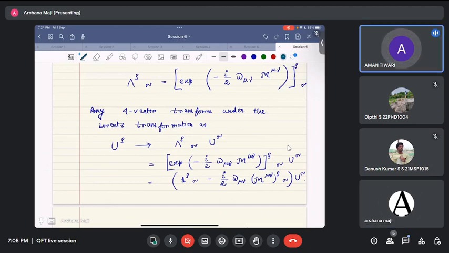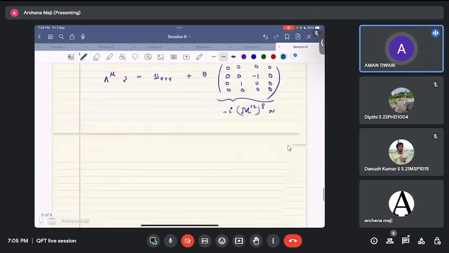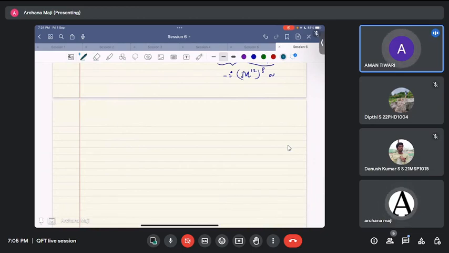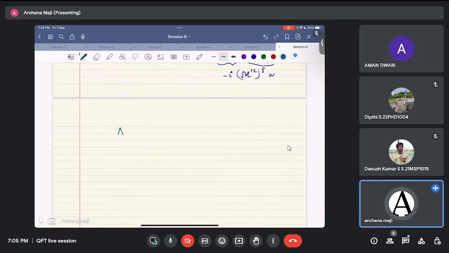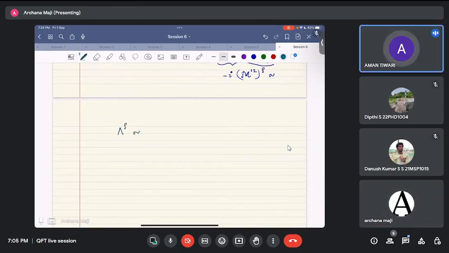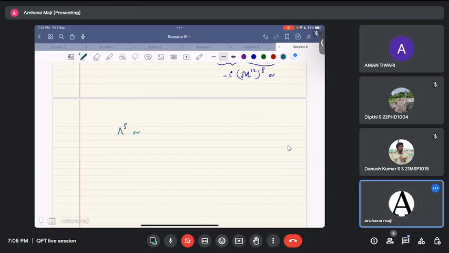I want to say, if I want to write lambda rho sigma, like it is lambda rho sigma, wait. So you want to write lambda rho sigma in operator notation, the differential operator. Wait, so you want to write the differential operator notation of lambda rho sigma.